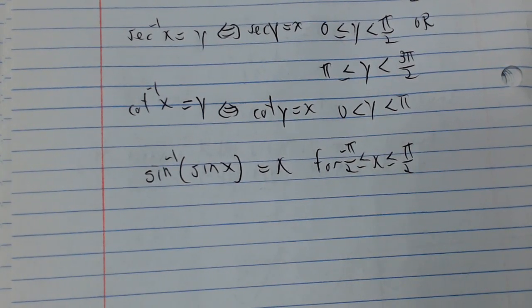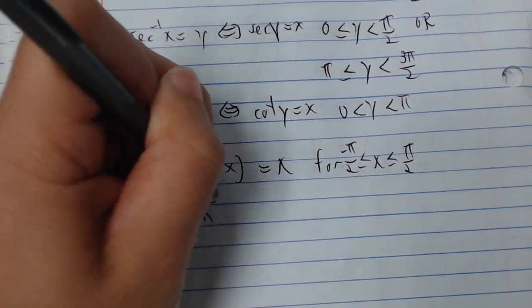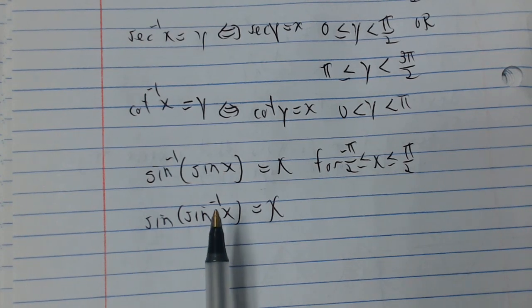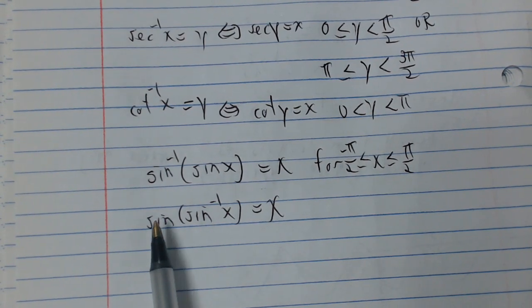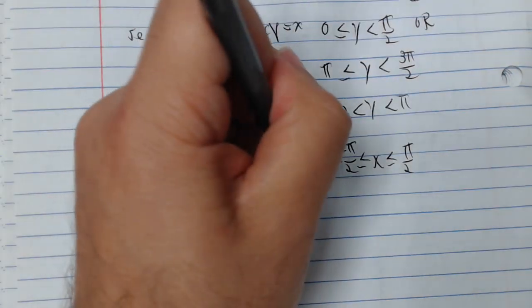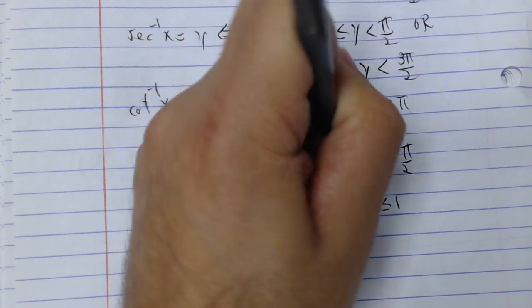Okay, and then we also have sine of sine inverse of x equals x. And what do you notice here? Since sine inverse is performed first, then sine, the output of sine we know is always going to be between negative 1 and 1. So we could say x is less than or equal to 1 and greater than or equal to negative 1.